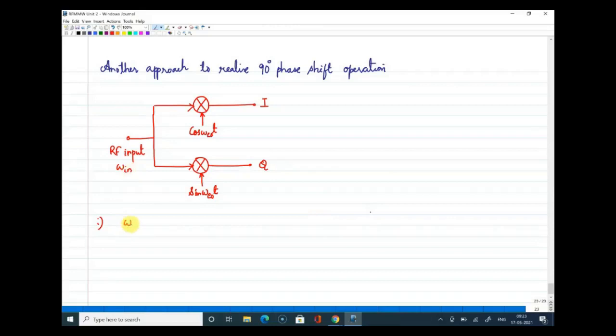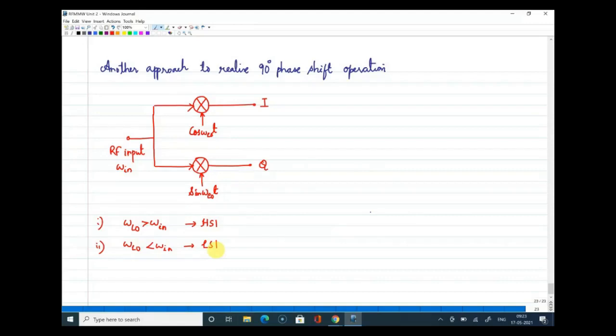If omega LO is greater than omega in, that means you are injecting a signal on the higher side of your input signal, we call this high side injection. The second case is if omega LO is less than omega in, you are injecting the local oscillator on the lower side of the signal, and hence we call it low side injection.